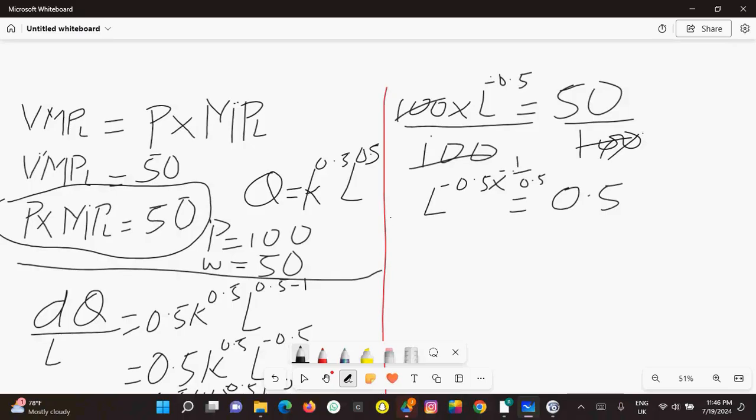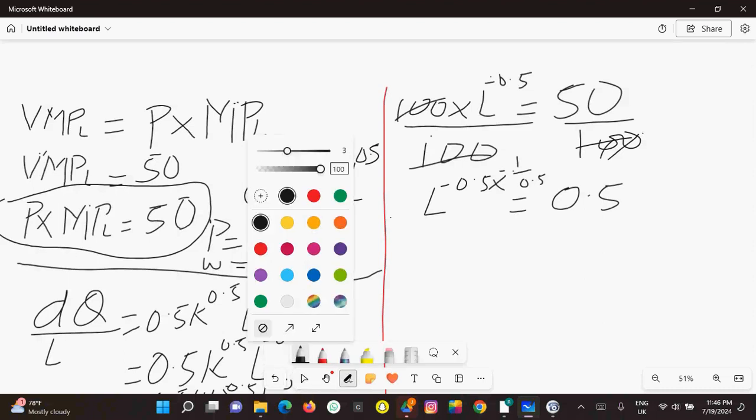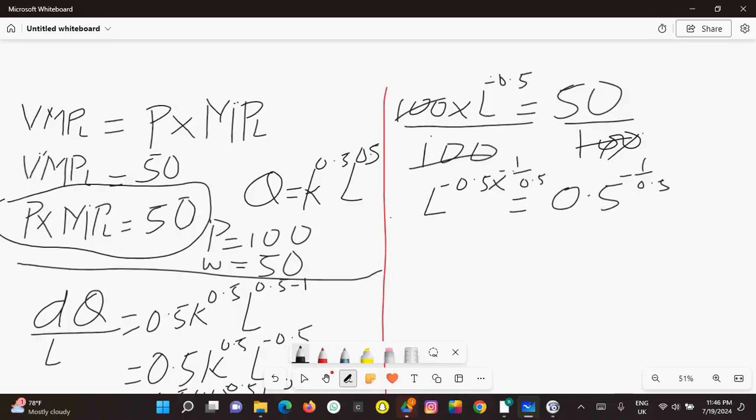Then we have to do the same thing on the other side, raised to the power negative 1 over 0.5.